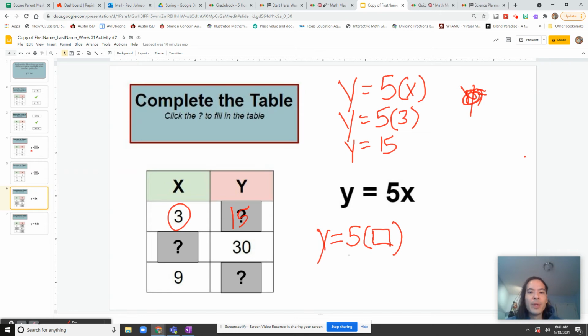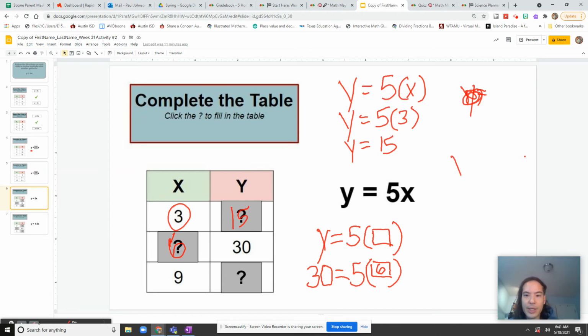All right. Now, I'm going to fill in what I do know. So 30 is our y, equal to 5 times some number I don't know. 5 times what equals 30? If you said 6, you are correct. So 6 is our x because 5 times 6 equals 30.